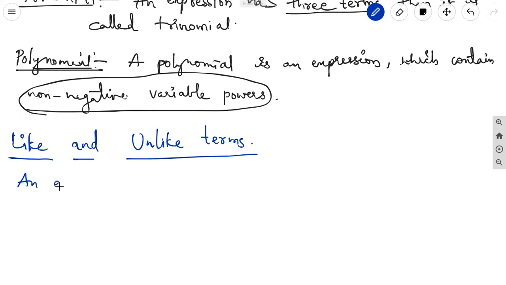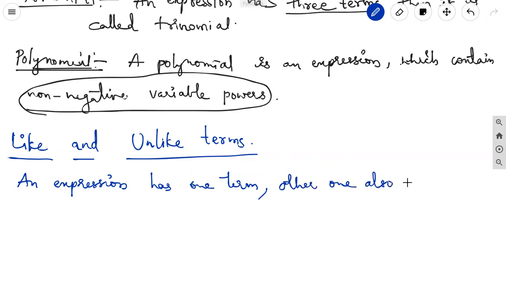If an expression has one term, and another expression also has one term, then those two expressions are called like terms.